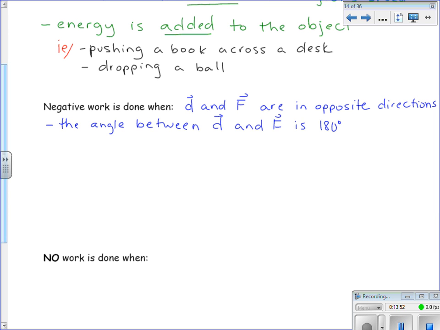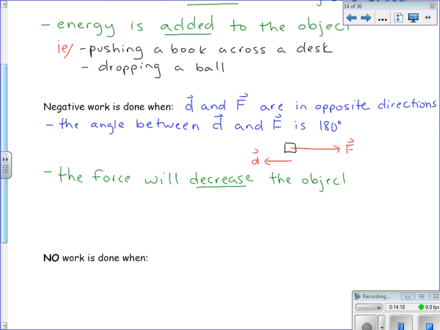So you have a free body diagram, or a situational diagram where maybe the force is being applied to the right, but the displacement of the object is in the opposite direction. In this case, the force will decrease the object's speed. And that's because energy is being removed from the object.